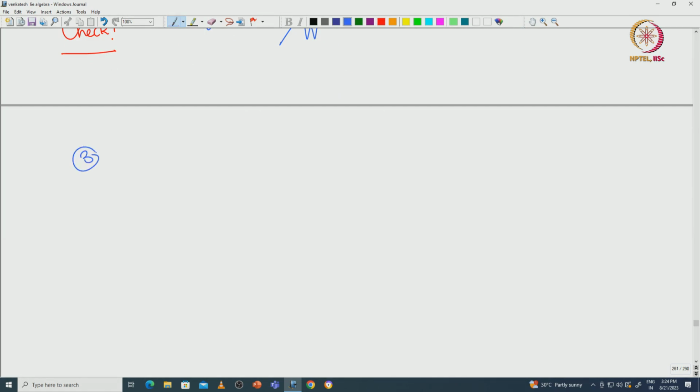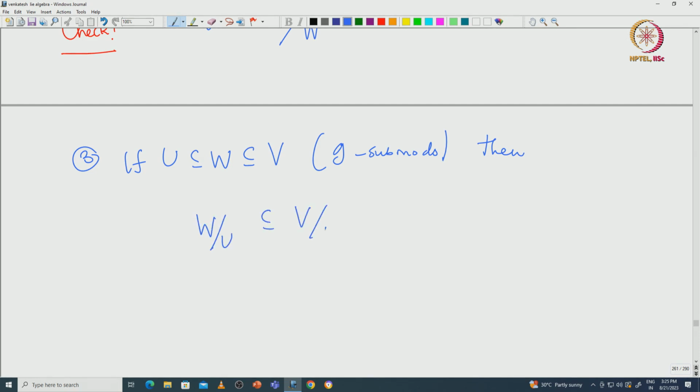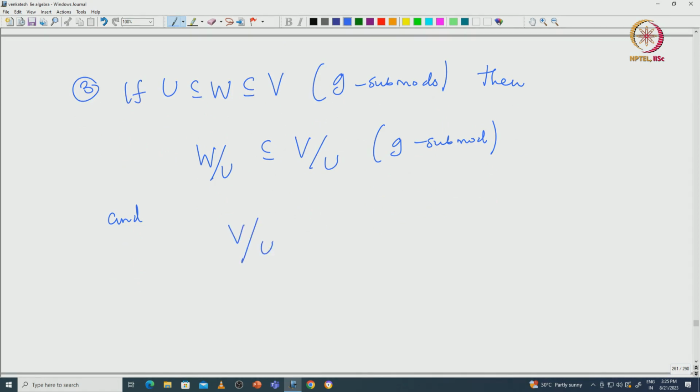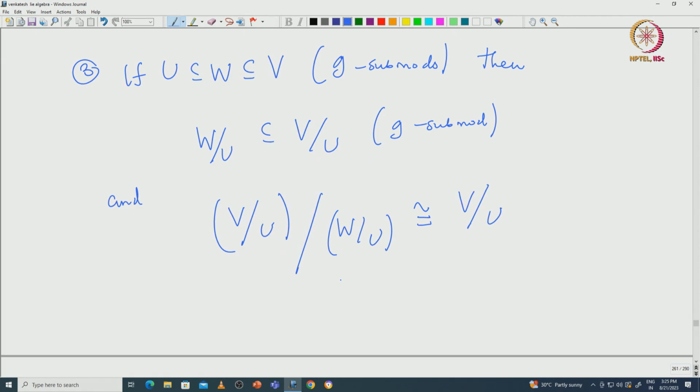So, here is the third statement. Suppose U is contained in W, both of them submodules of V. Then we can talk about W modulo U, which is inside V modulo U. So, this becomes a G submodule, and we can now talk about the quotient of these two, V modulo U quotient by W modulo U. This will be naturally isomorphic to V modulo W. Once you have defined the natural isomorphism, then we need to check that it is actually a G module isomorphism.